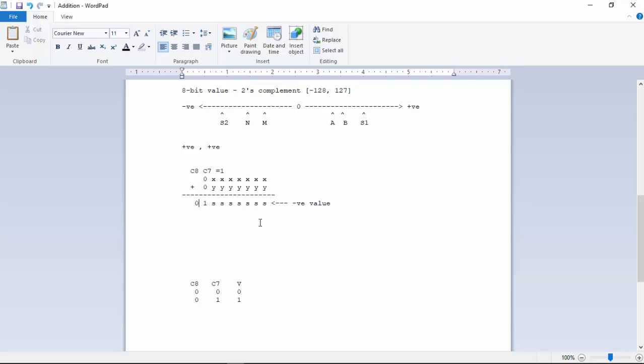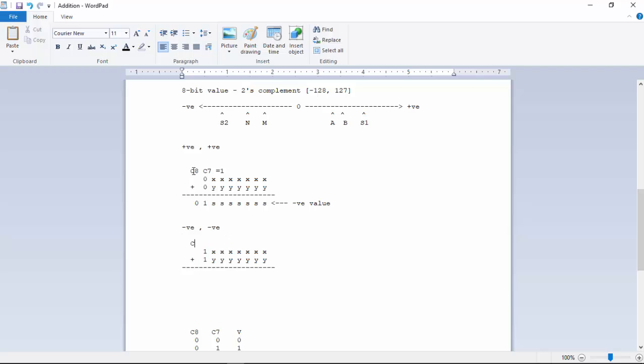Now let's look at both negative. Let's pick the same example, but both negative means you lead them with 1, right?